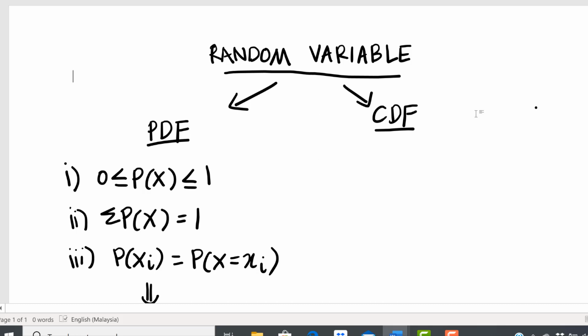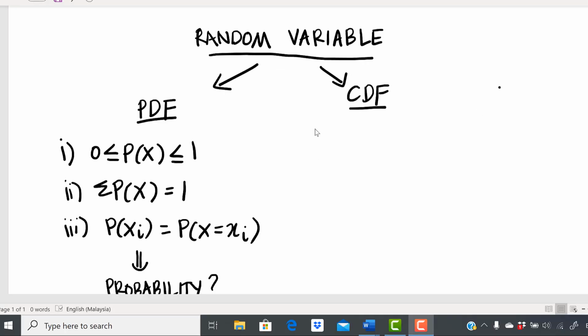Now we are going to look at what the CDF is. There are three properties of the CDF. The first property is that F(x) is an increasing function.